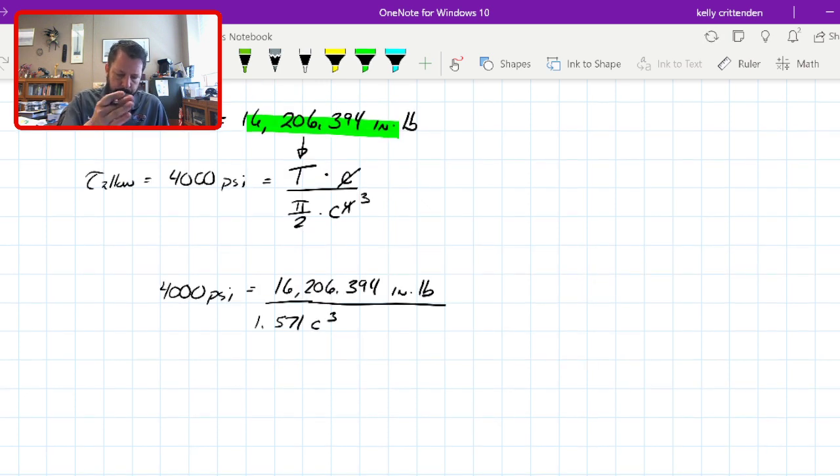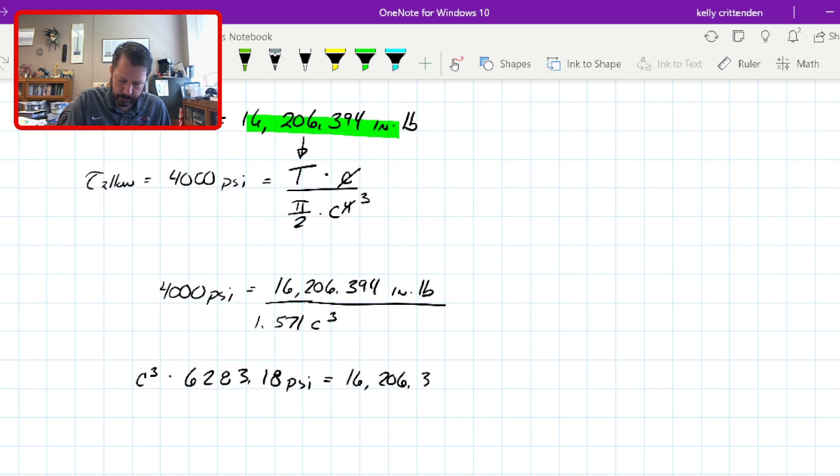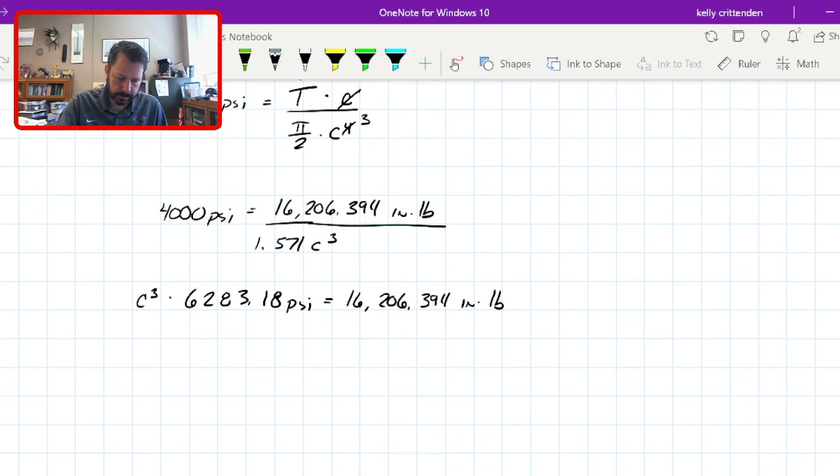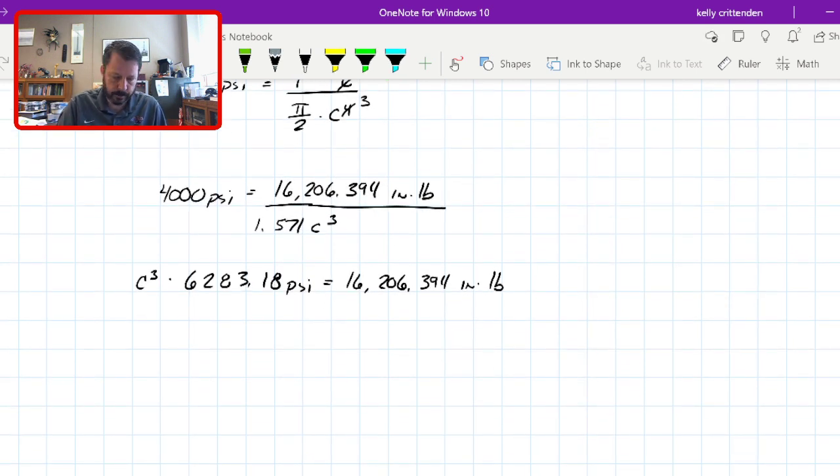So C, we need to move over to the left-hand side. So take the 4,000. So I've got 6283.18, those would be psi, times C cubed equals the 16,206.394 inch-pounds. I'll divide that through, and everything except for inches should fall out, well, inches cubed, and then I'll take the cube root.